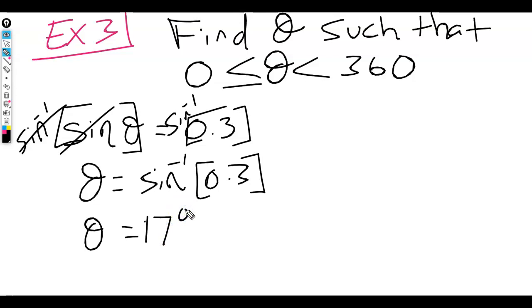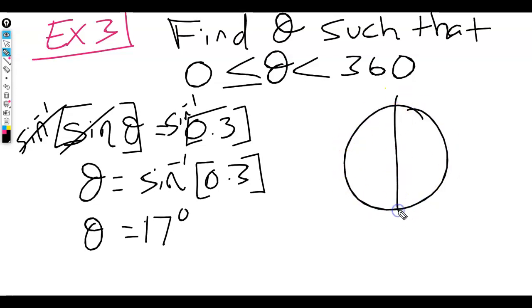Now, let's see here. For this one, the next thing we're going to do is still a lot like the last problem. We're going to find where this is at on the unit circle. 17 degrees would be right about there, right? But this is where things are going to get a little bit different. Since we're dealing with sine, this is a y value.